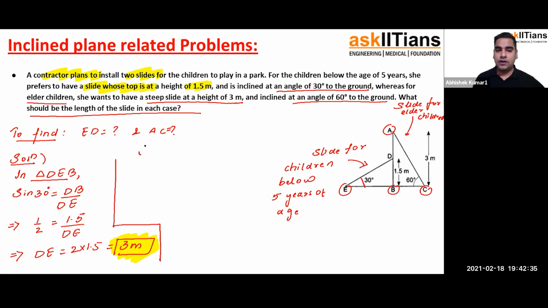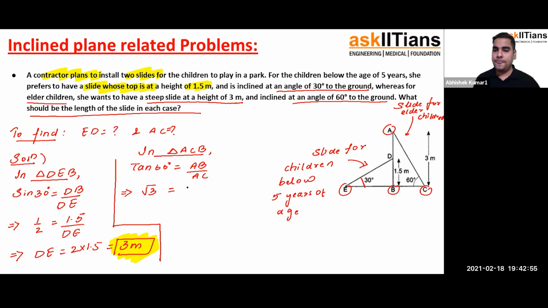If I talk about triangle ACB, in triangle ACB, if I calculate tan 60 degrees, then tan 60 degrees will be equal to AB by AC. AC I have to calculate, I am not aware of that value. Tan 60 is root 3, we all know that.